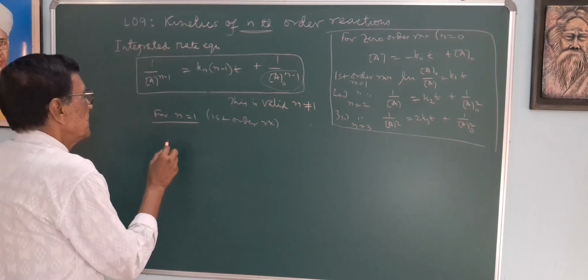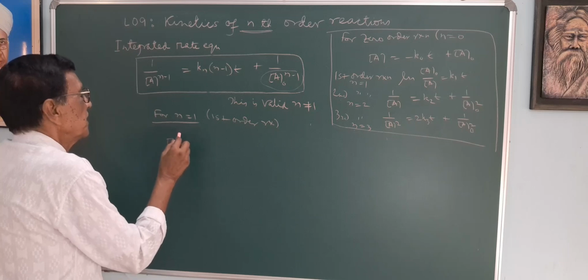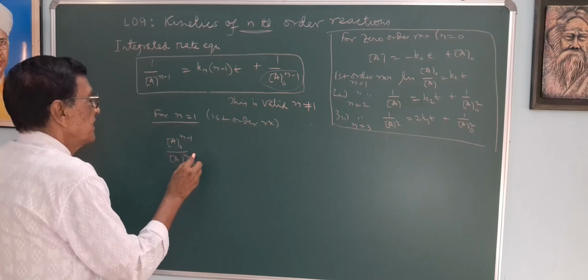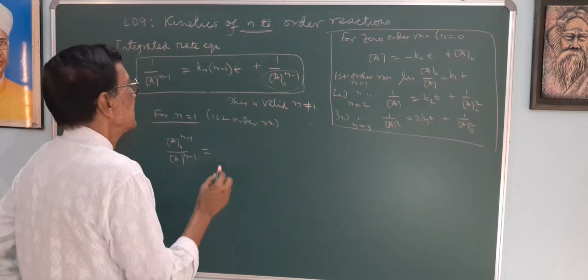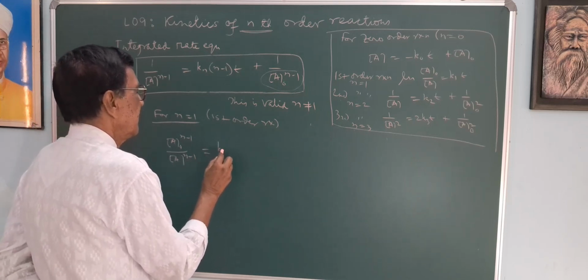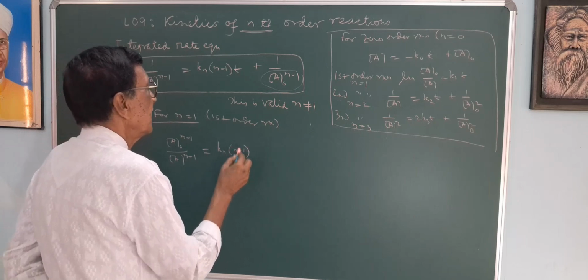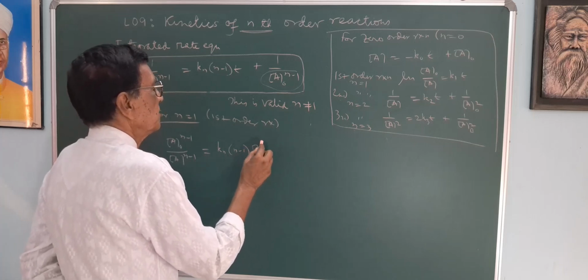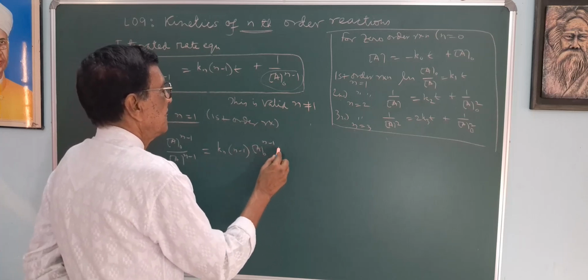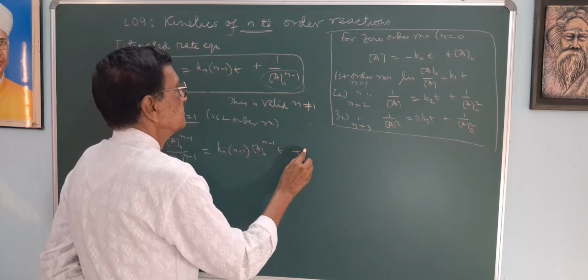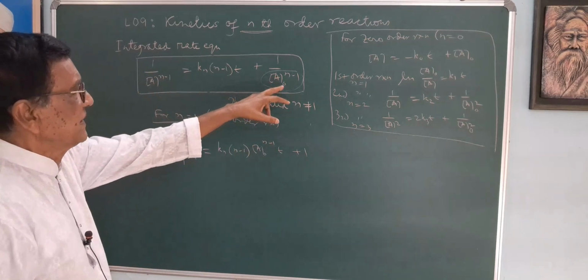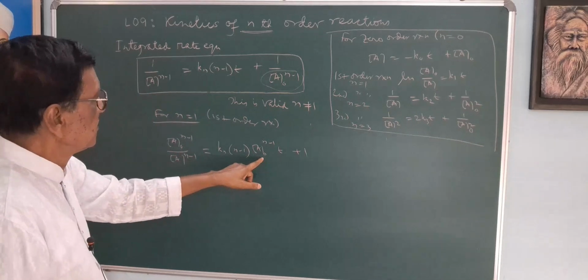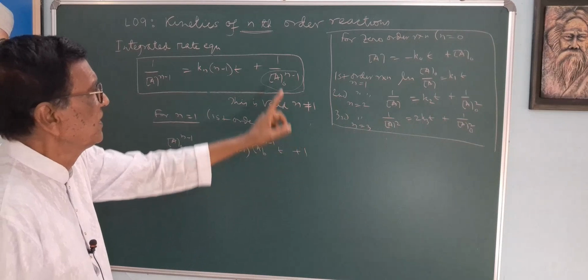Then it will be concentration of A0 to the power n minus 1 divided by concentration of A to the power n minus 1 equal to Kn times n minus 1 times concentration of A0 to the power n minus 1 times T plus 1. You are multiplying the constant A0 to the power n minus 1 on the left hand side and here also, and here only 1 remains.